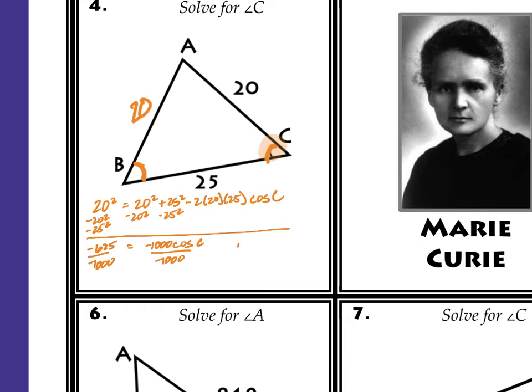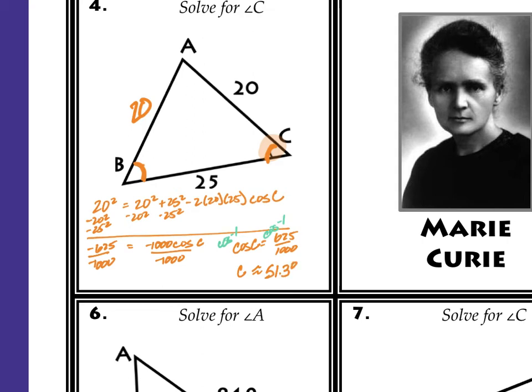And I get cosine of C is going to equal 625 over 1,000. And then I don't want cosine of C, I just want C, so I take the inverse cosine, and that gives me C is approximately equal to 51.3 degrees.